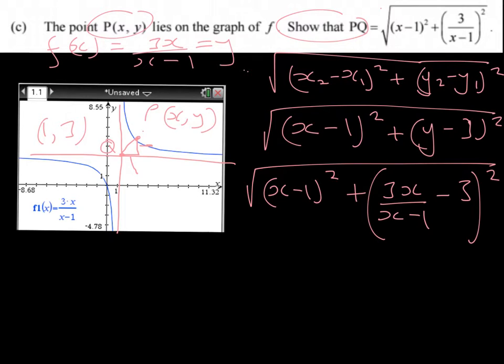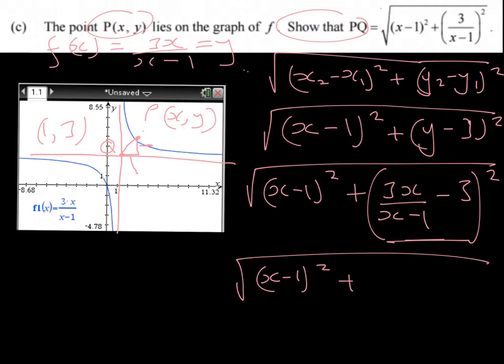So the next thing I need to do is to get this second half over a common denominator. So we can express that as (x minus 1) squared plus, if I want it over a common denominator of x minus 1, that's going to be 3x, which is already over x minus 1, and then I'm going to have to multiply this 3 by x minus 1.